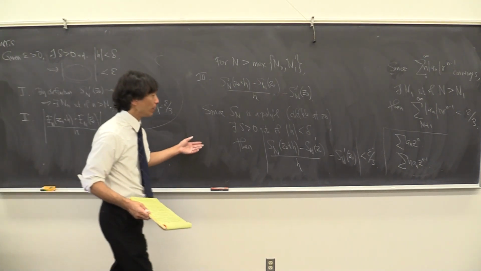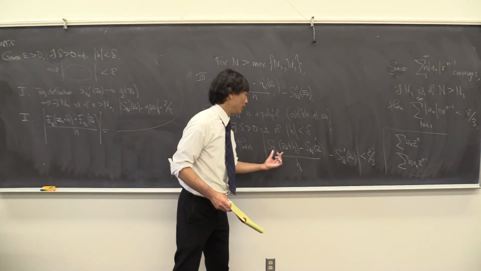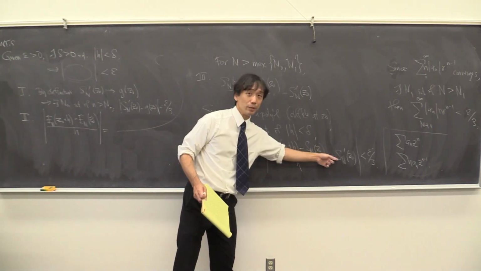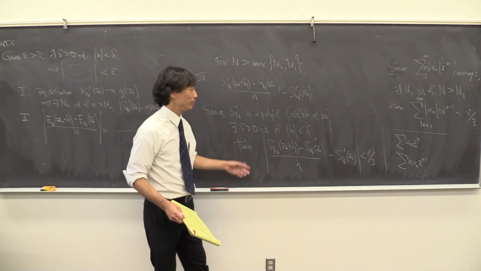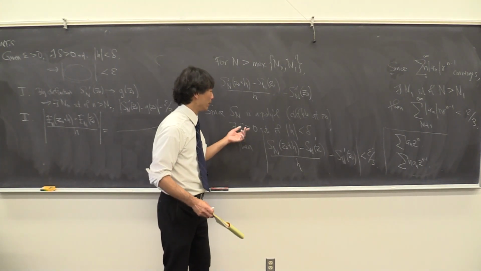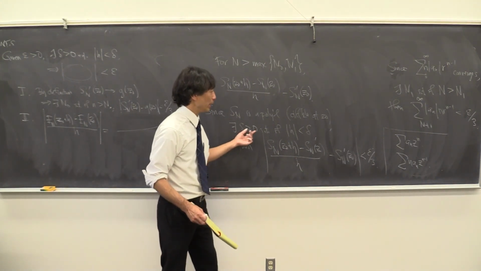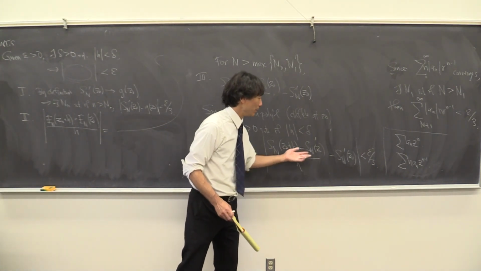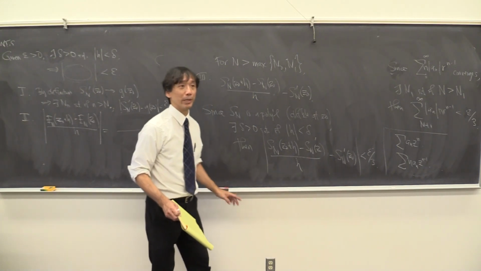Because this is a polynomial, the limit as h goes to 0 of this is this. So by definition, we can find a delta so that if h is smaller than that delta in magnitude, then this difference is smaller than epsilon over 3.